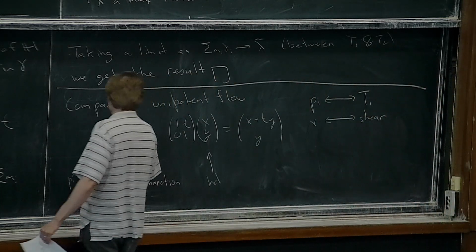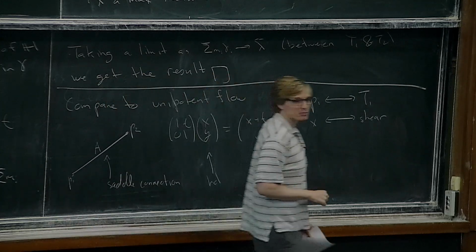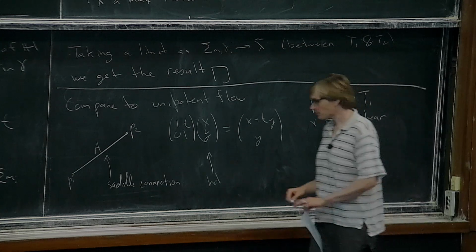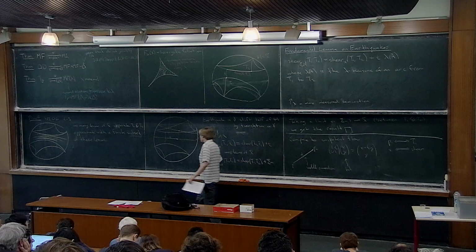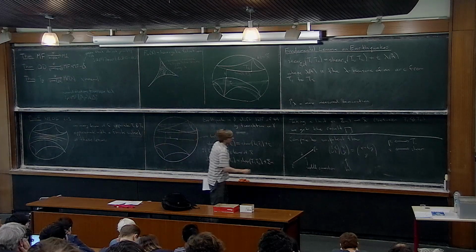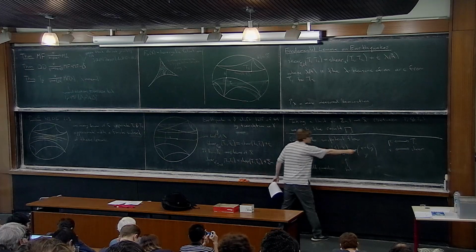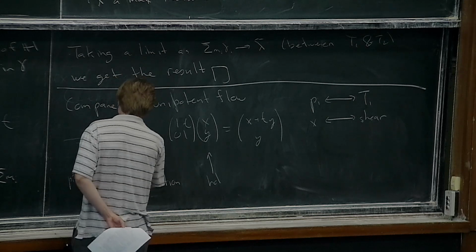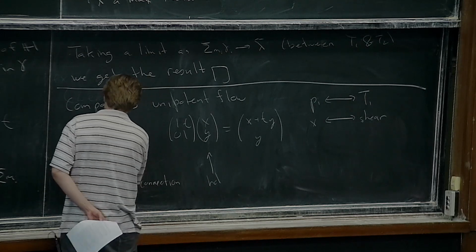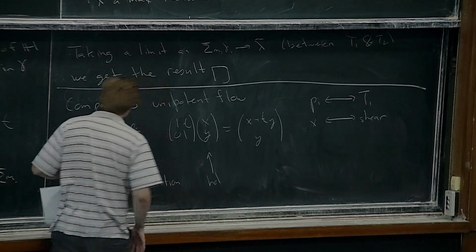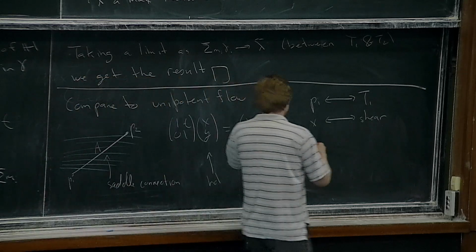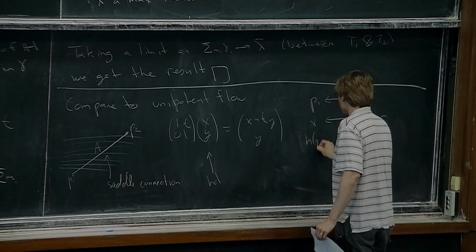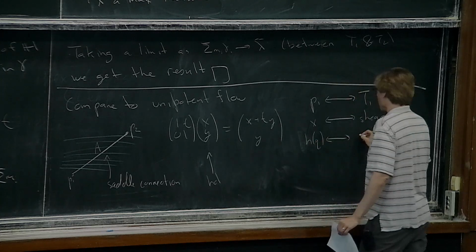OK, and maybe we'll just call this saddle connection A. So A corresponds to A. And then I do Horocycle flow, and the shear changes by T times Y. But what's Y? So here's the horizontal measured foliation. And the horizontal foliation corresponds to lambda.